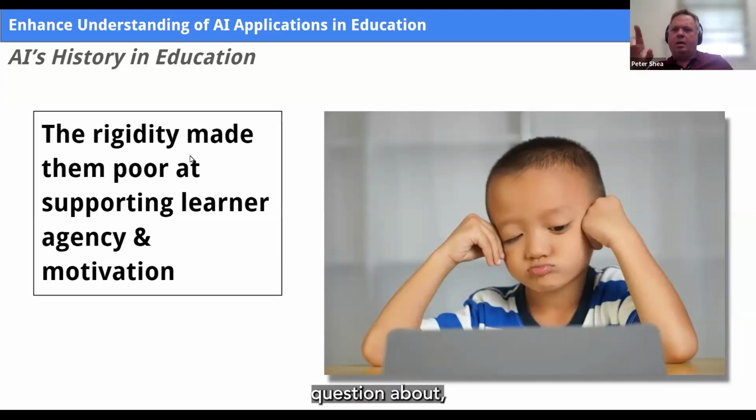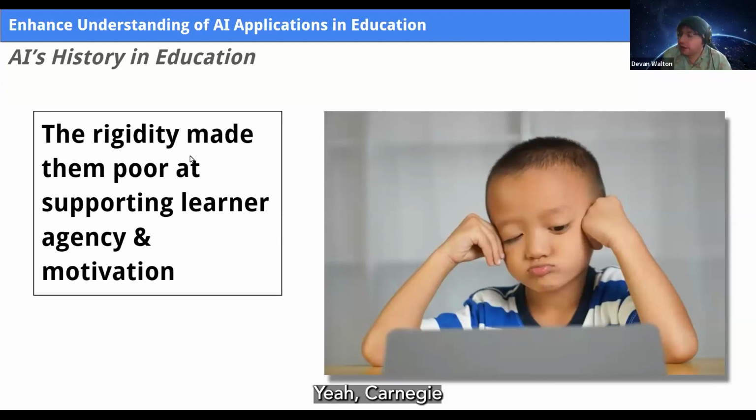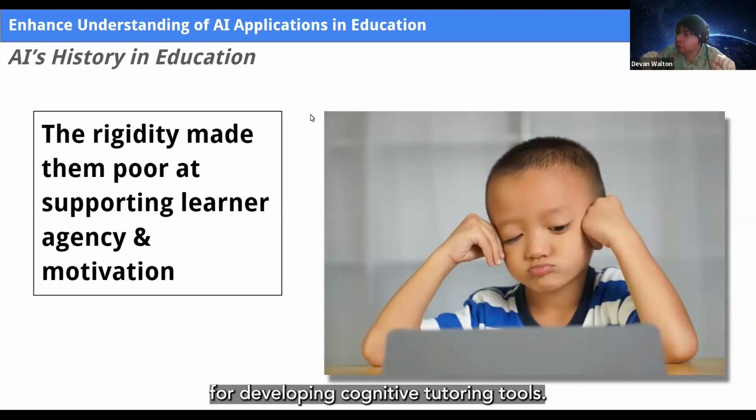There was a quick question about giving an example of an early AI tool, and I know that Carnegie Mellon, I think in the 90s and 80s, which was really about learning architecture, had a couple of tools, although I can't recall the names off the top of my head. Devan, can you think of any by name? Yeah, Carnegie Mellon has a tool, and they also have an open source tool where you can still create these rule-based scenarios for developing cognitive tutor tools.